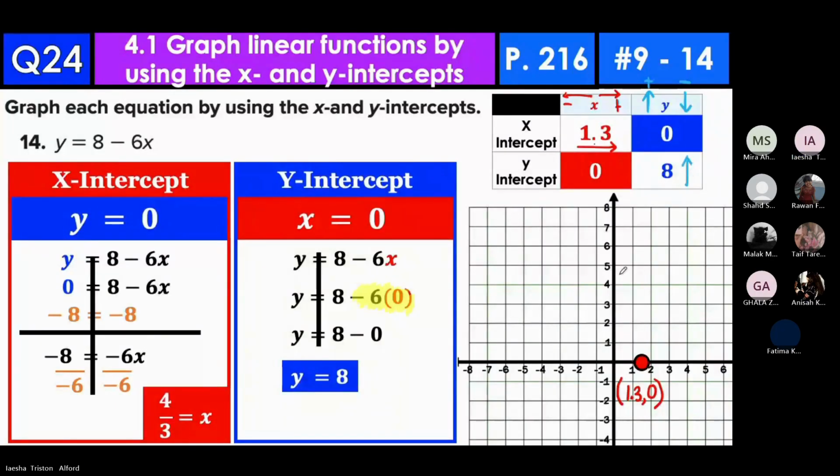Up. Put your pencil at 0 and count 8 units up. 1, 2, 3, 4, 5, 6, 7, 8. Put the point, label it, and draw the line.